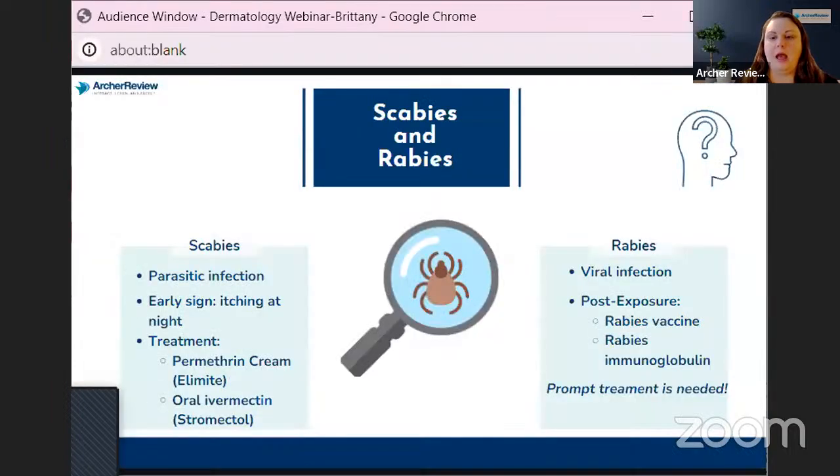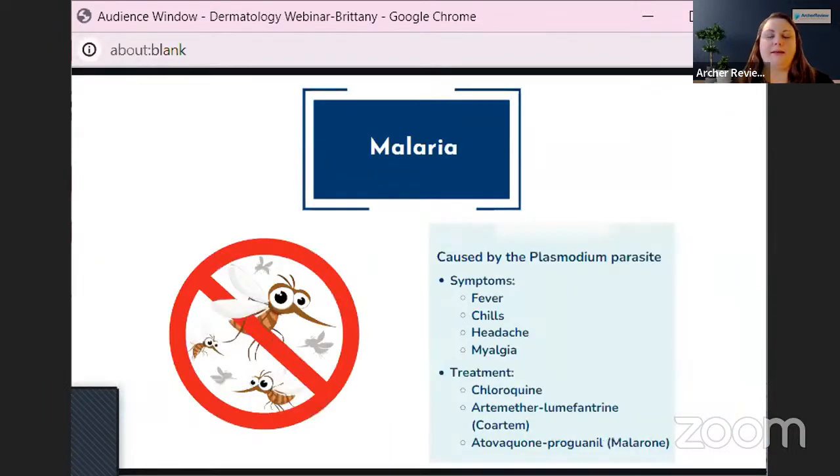All right, malaria. Malaria is a parasitic illness. It comes from infected mosquitoes. This is even more common in other parts of the world. So if your patient comes in and is going to be doing international travel, this is something we want to talk to them about.